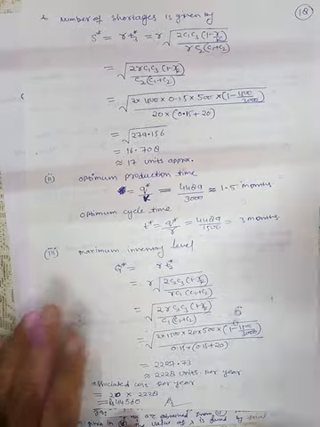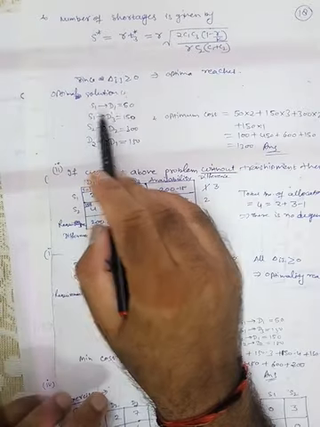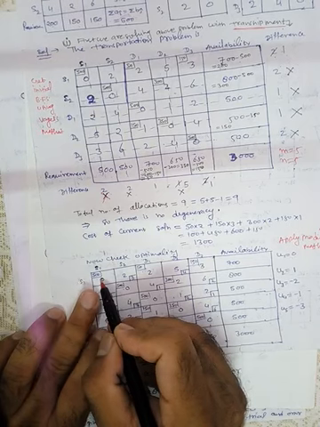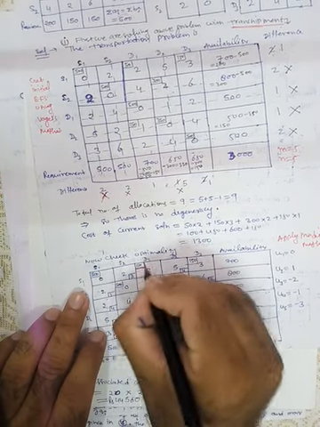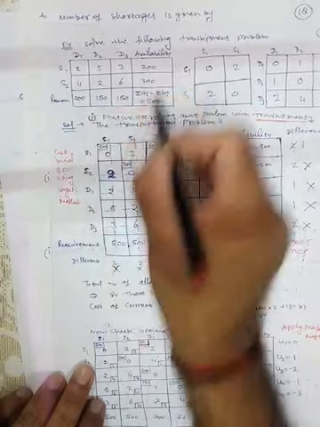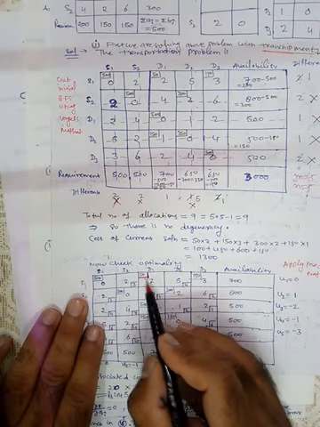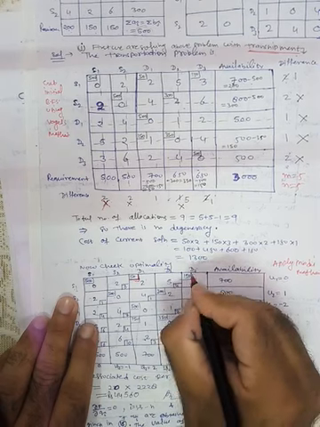So what is the solution? Solution is this. Source 1 to destination 1 is 50 units, because we are considering this. Then source 1 to destination 3 is 150 units.